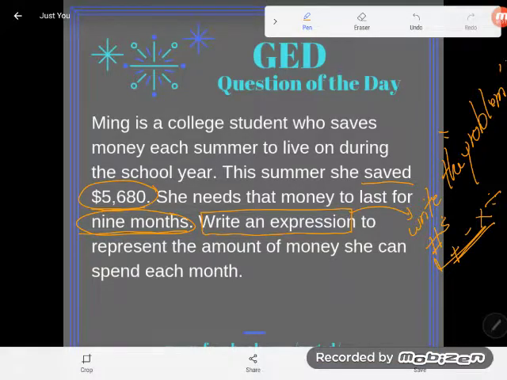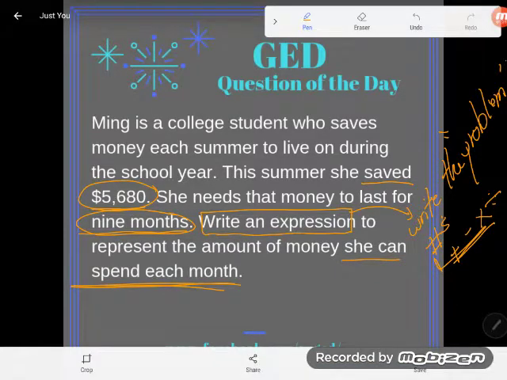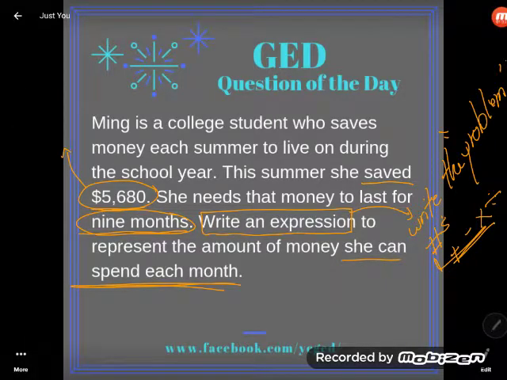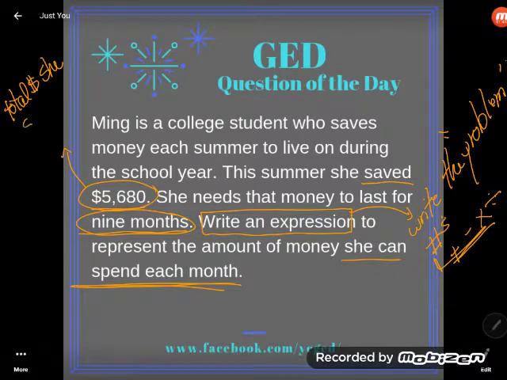So we want to write an expression to represent the amount of money she can spend each month. Well, let's think about this. Ming has a total amount of money she has saved, $5,680.